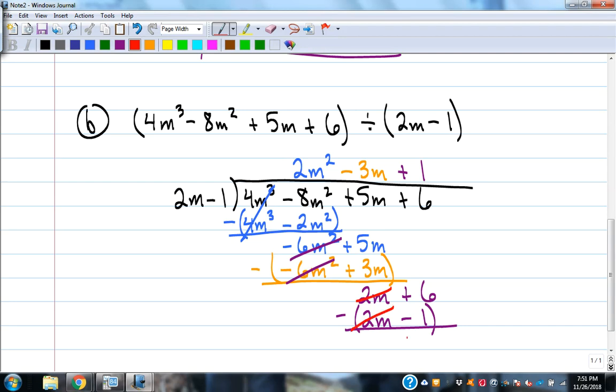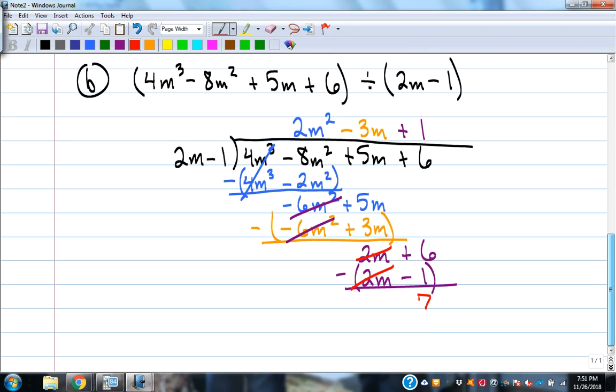2m cancels 2m. 6 minus negative 1 is 7. Is that my remainder? Yes, because it doesn't have an m on it anymore. There's no way I can multiply 2m times anything and get a number back without an m.